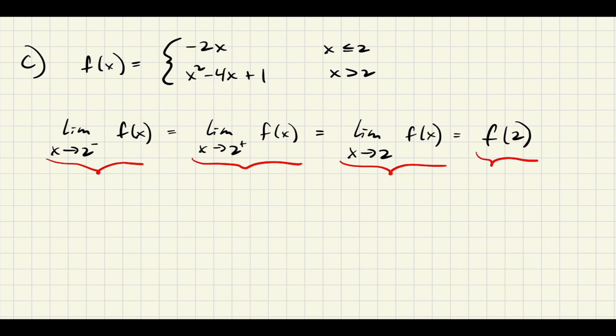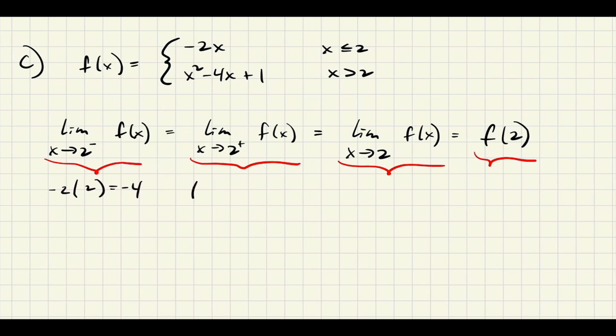So 2 from the left, we're going to use the top. So it's going to be negative 2 times 2, which is negative 4. 2 from the right, we're going to use the bottom. So 2 squared minus 4 times 2 plus 1. That's 4 minus 8 plus 1.